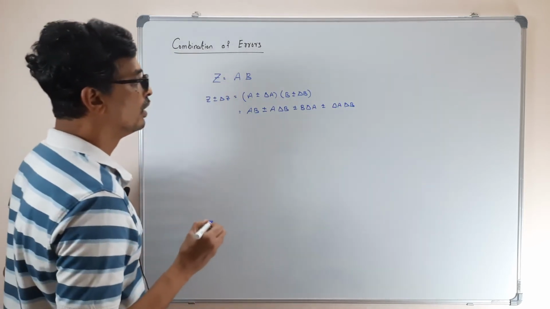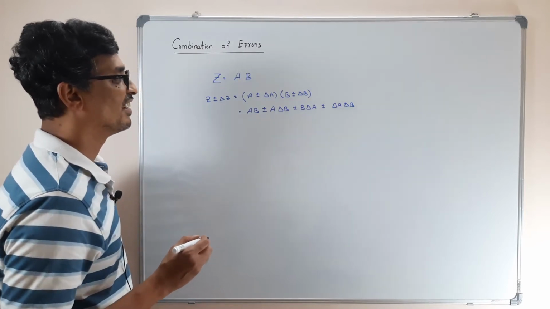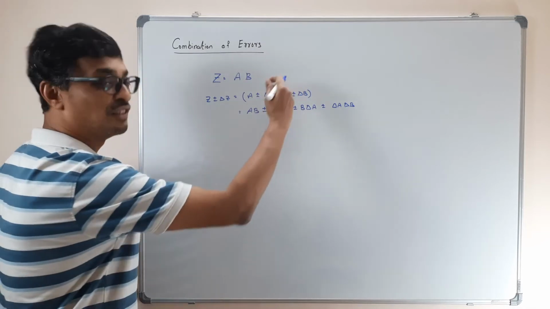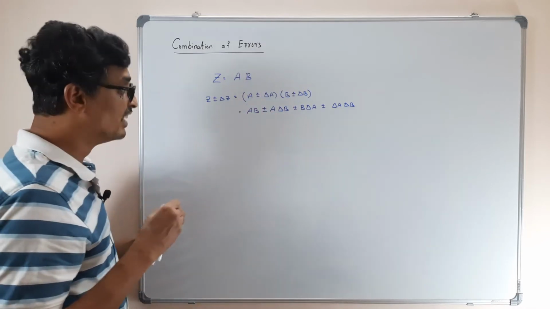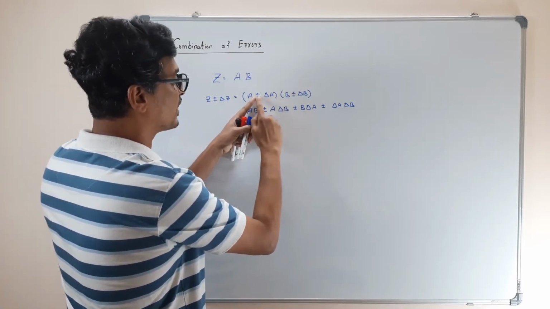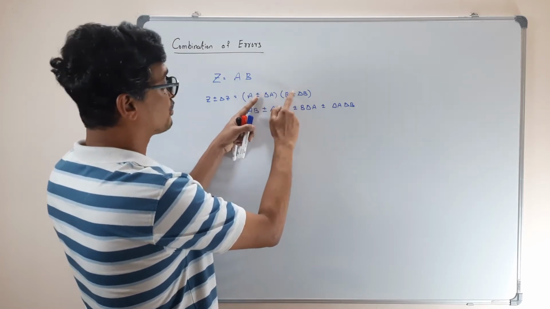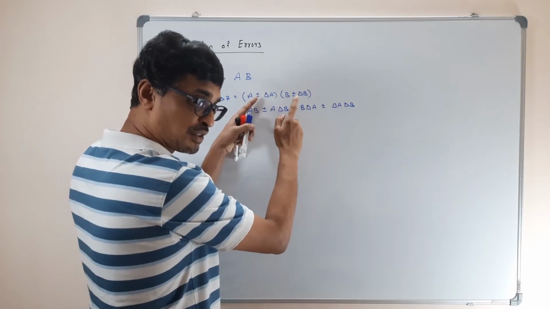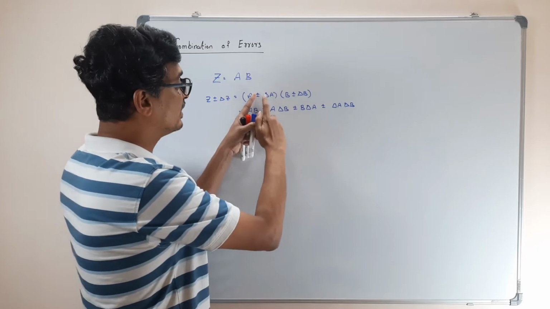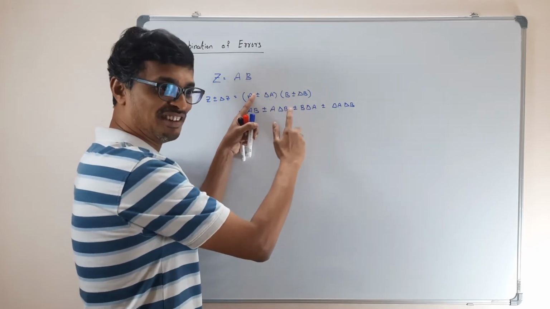So that should be plus delta A plus delta B, because even if it's minus we can cancel. No. When we take an error, it is not necessarily always so. You are assuming minus becomes plus, plus becomes plus. That is not the case here. It may happen that delta A will be positive and delta B can be negative.